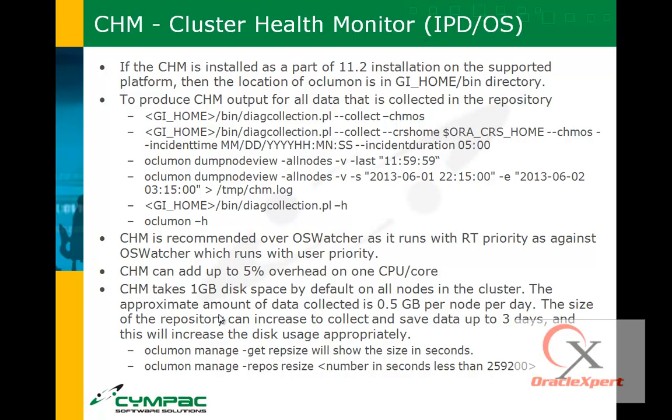So I knew the problem occurred at 1 PM today and was persistent for 5 hours on and off. So I can say incident time is today at 1 PM and for an incident duration of 5 hours. So it will only scan the detailed metrics collected in this time frame, starting at 1 PM for the next 5 hours. So you can filter that output by using incident time. Remember the incident time has to be mentioned in a strict date format.